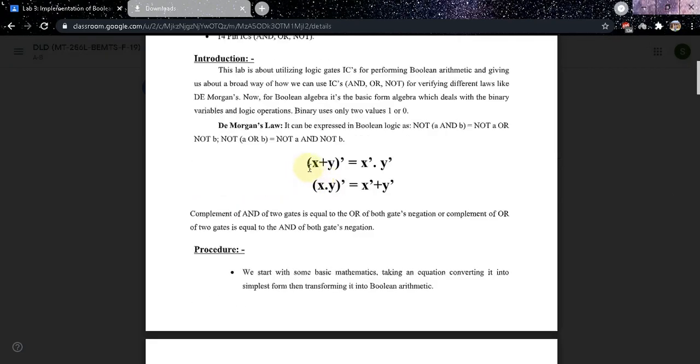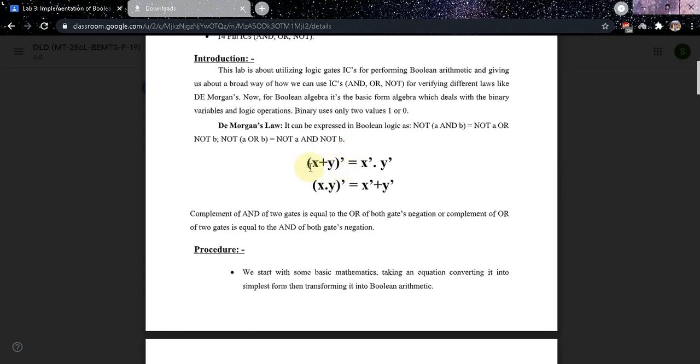De Morgan's law equation looks like this. First, if we see x plus y, we call this a NOT of x or y.